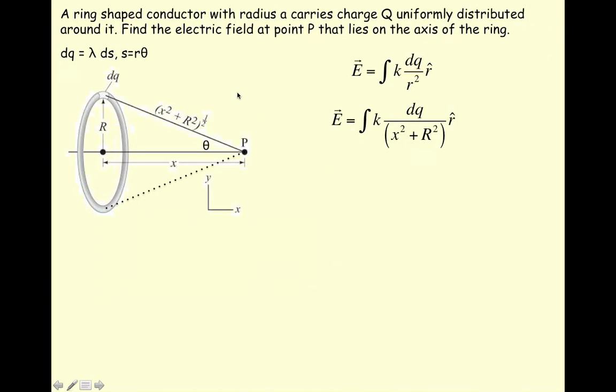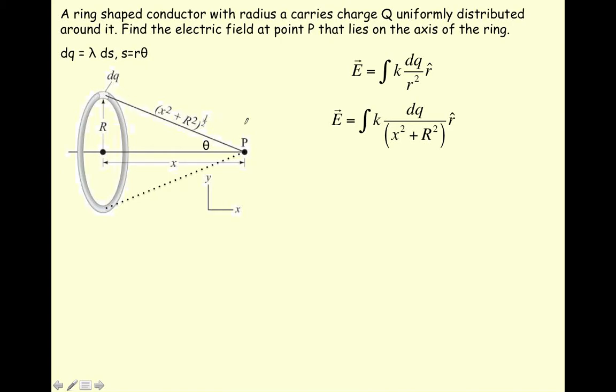Let's take the first example, where I have a charge that is distributed over a ring, and I want to find the electric field at this point right here, which is located a distance x away from the center of the ring.